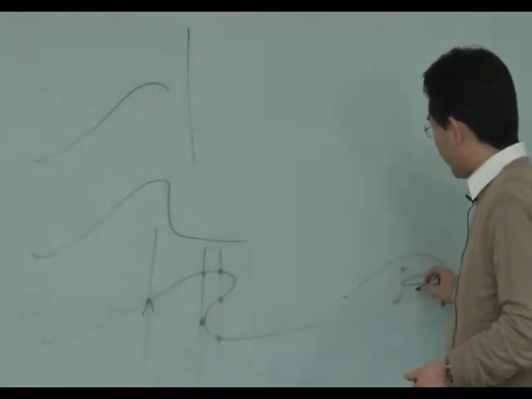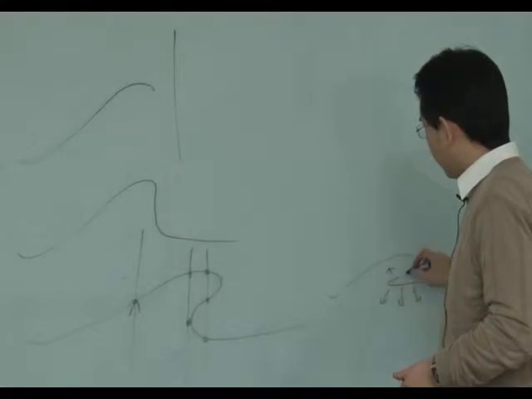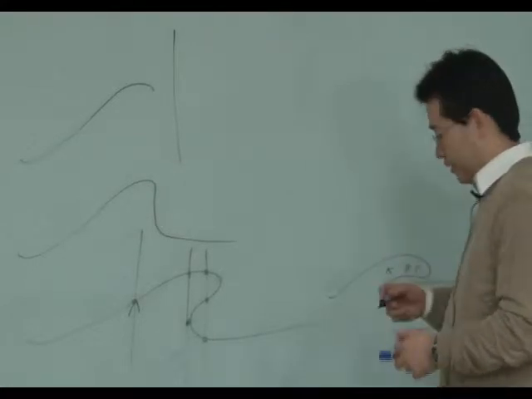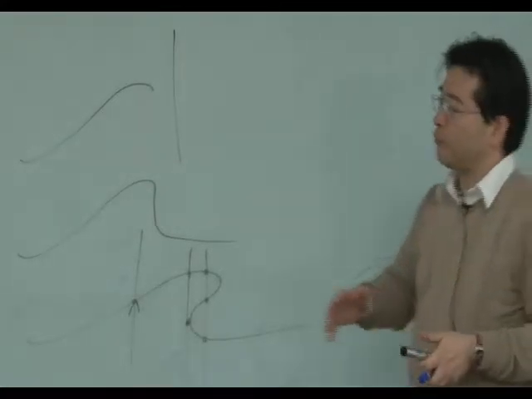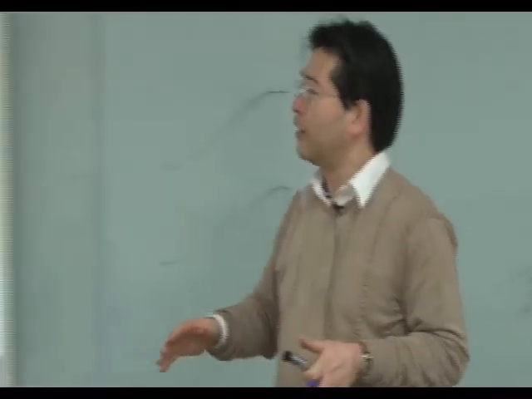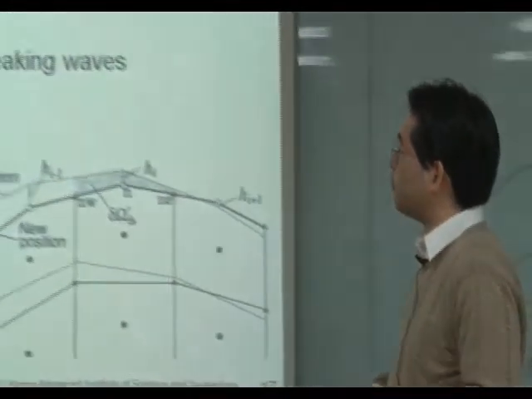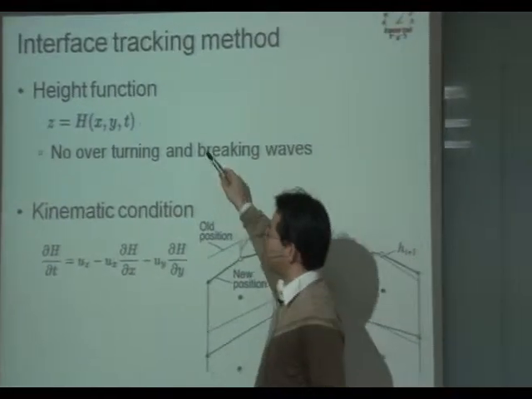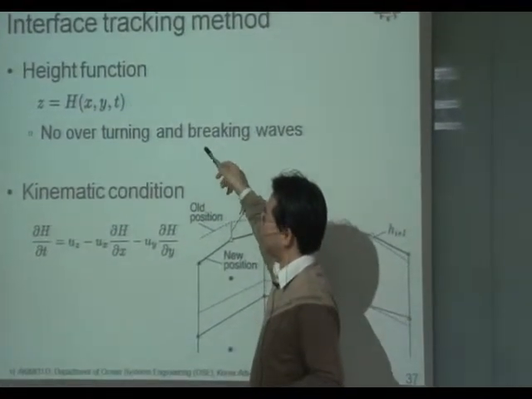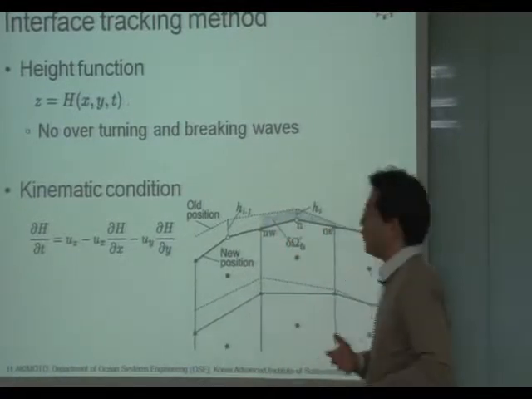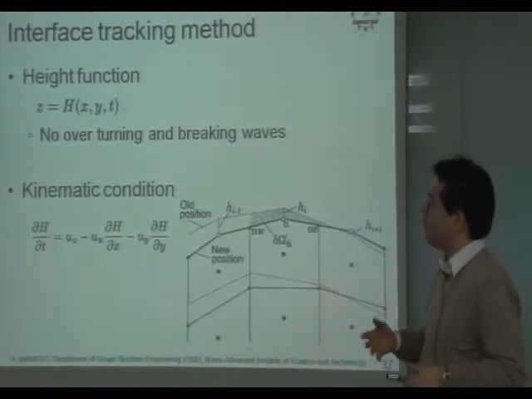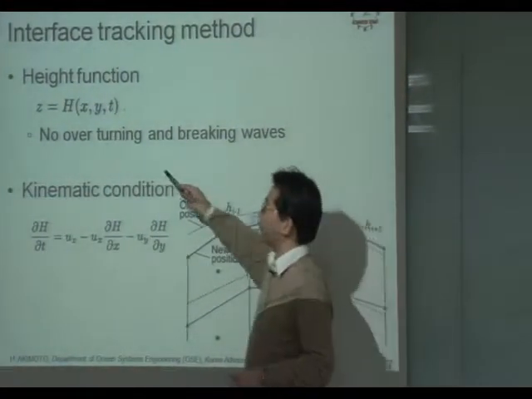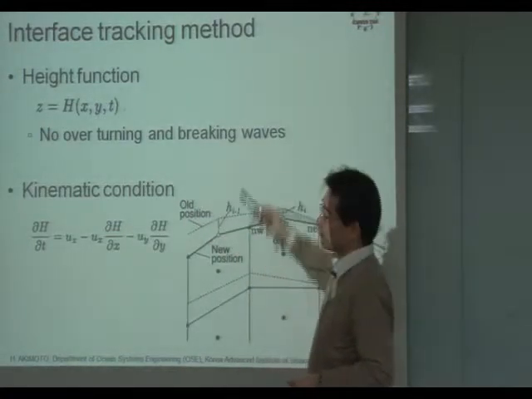After breaking, the kinematic energy will affect the surrounding flow motion. Anyway, for a while we have to consider moderate motion of the free surface. It does not have overturning and wave breaking.